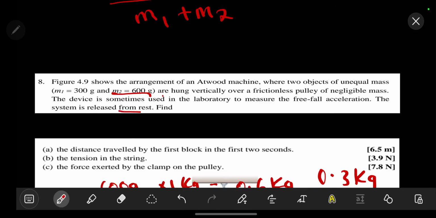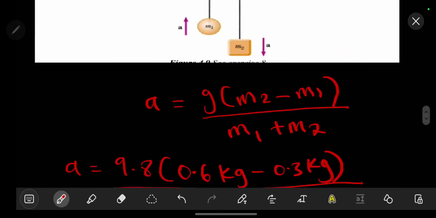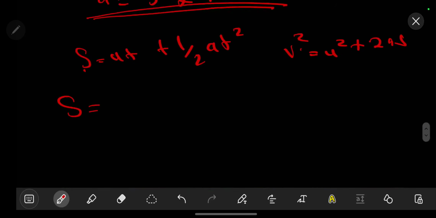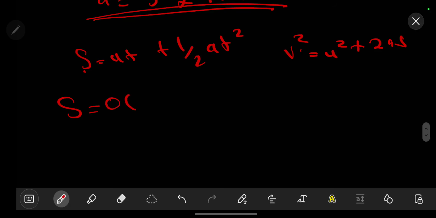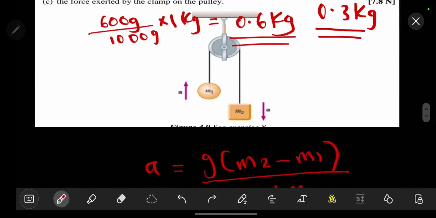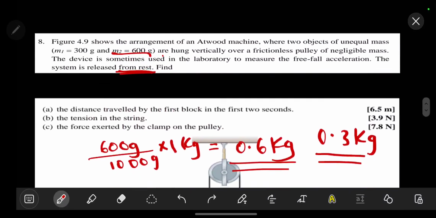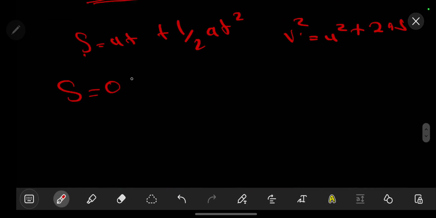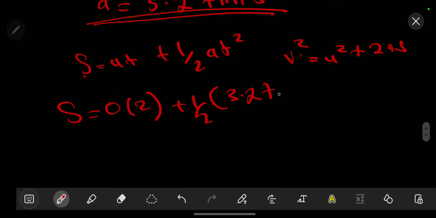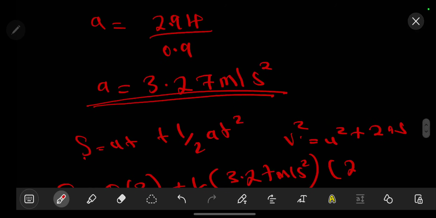The system is released from rest, meaning the initial velocity is 0. So we have 0 times our time, plus our half, acceleration which is equal to 3.27 meters per second squared, times the time, which is the first 2 seconds, so 2 squared.